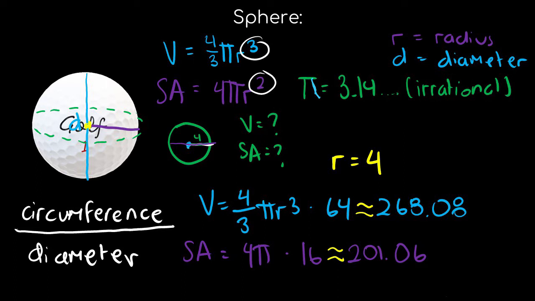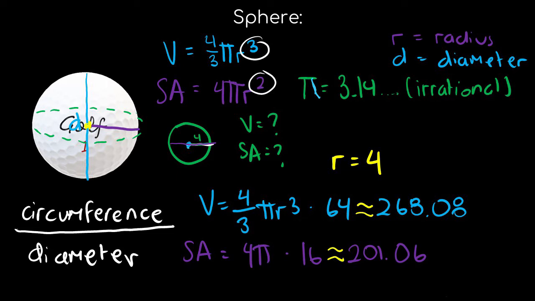The volume of the sphere with the radius length 4. Remember, this is the radius, and let's use a violet one, this is the diameter. So 2r radius equals 1d diameter.